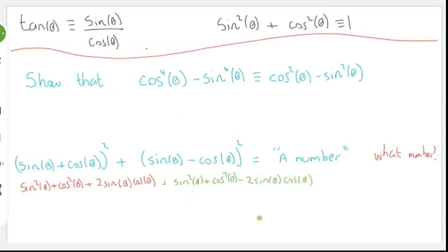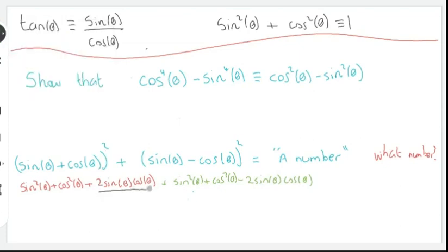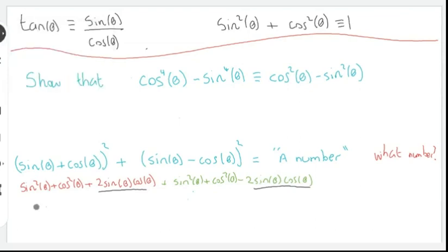Indeed. So then those two cancel out, because of the minus. And then you can add these things. So then you get 2 sine squared theta plus 2 cosine squared theta.